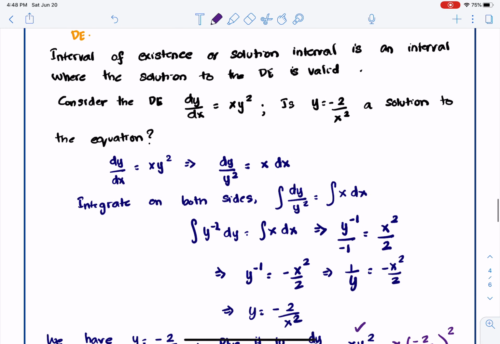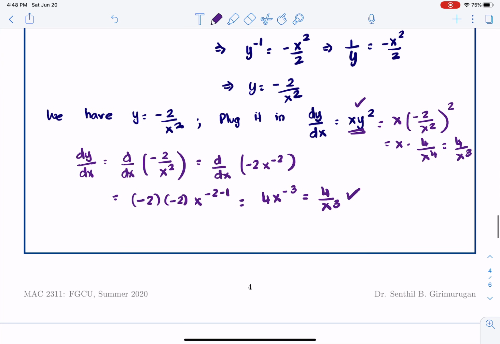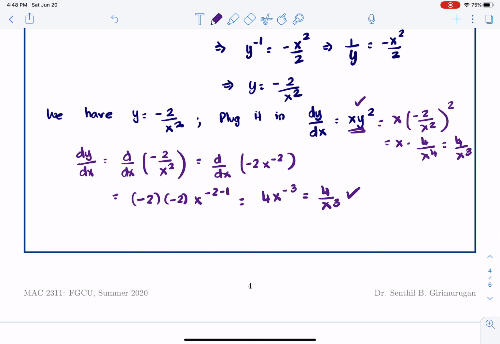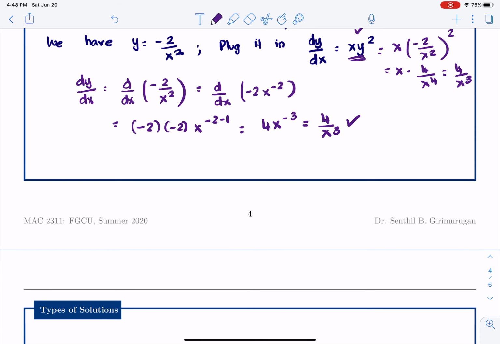What is the existence interval for this particular function or differential equation? Even though we have y equals negative 2 over x squared, note when x is equal to 0, y doesn't exist.